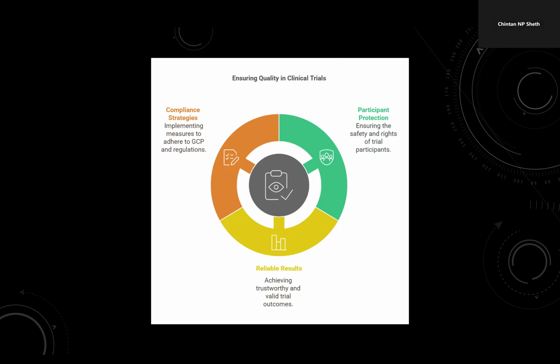These factors are attributes of a trial that are fundamental to the protection of participants, the reliability and interpretability of the trials, and the decisions made based on the trial results.